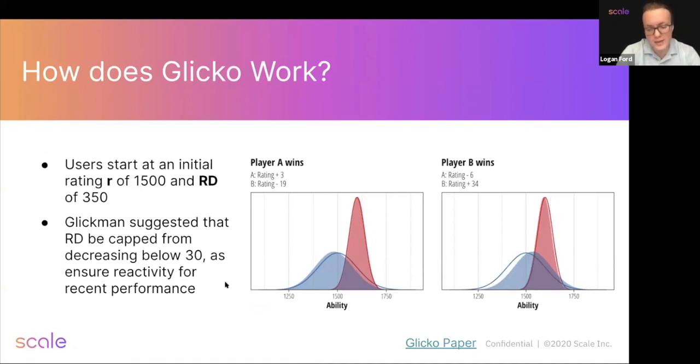So long as there's a certain amount of uncertainty, that gives you the flexibility of updating quickly to new data. If they performed poorly for some time and then start to perform well, they can shift their distribution rather quickly. In the same case, if someone who's performing really well drops off in quality, you can be fairly reactive to that.